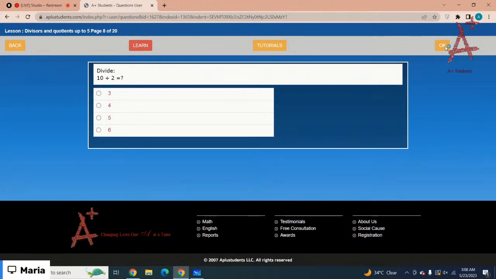The next one is 10 divided by 2. Which is the correct option? 2 times 5 is 10. So the correct option is 5.